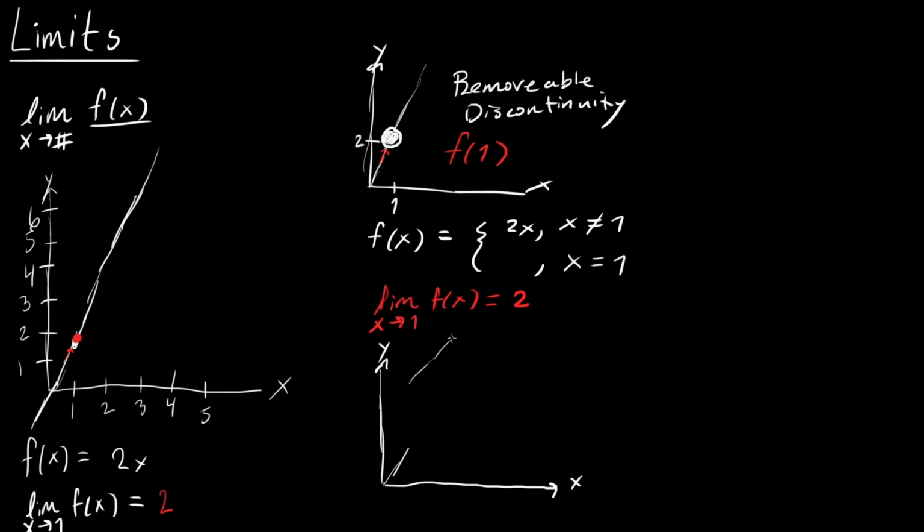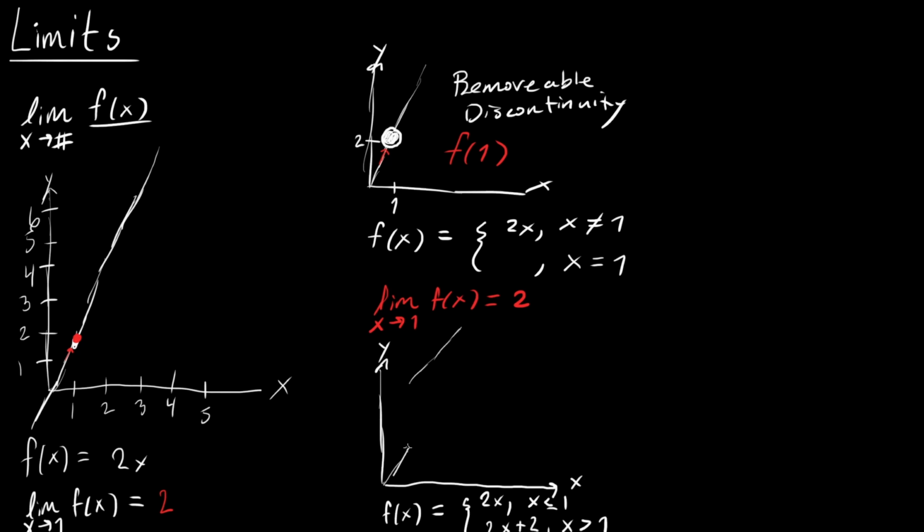Yeah, so then it jumps here. So this function is f of x equal to 2x for when x is less than or equal to 1, and it becomes 2x plus 2 when x is greater than 1.